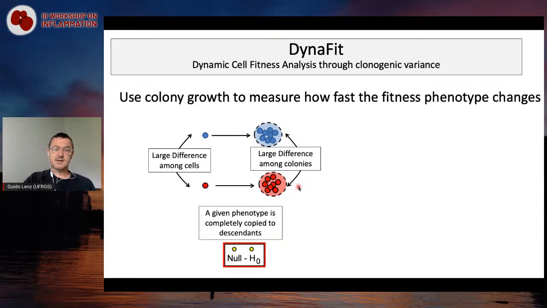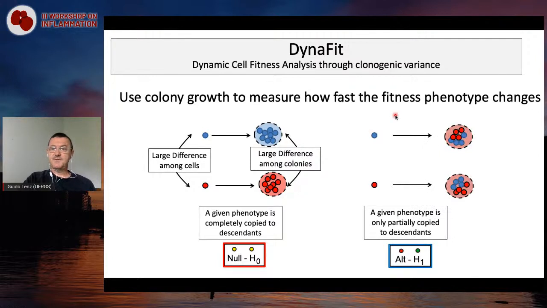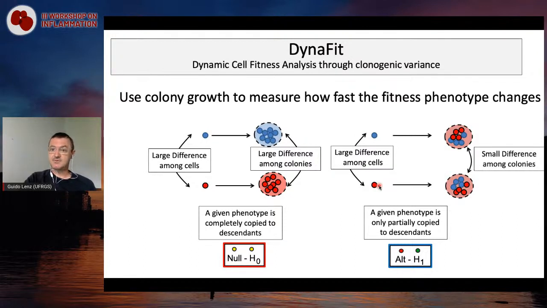So this is our null hypothesis. But if a cell, say, with a large fitness creates a colony which has both cells with large and small fitness, and the same happens to the cell that originally had a small fitness, you will have a large difference among individual cells, but a small difference among colonies.